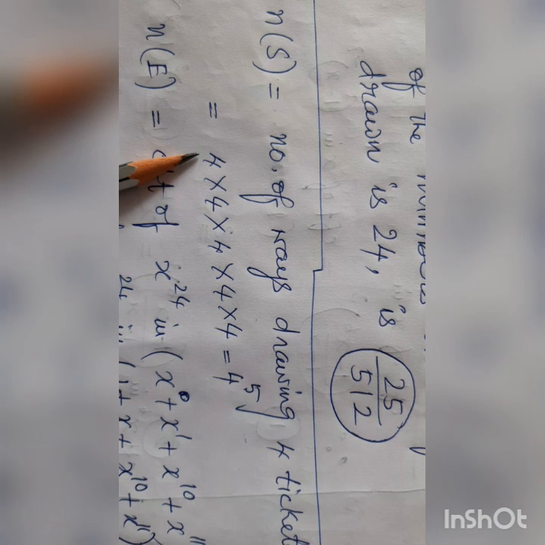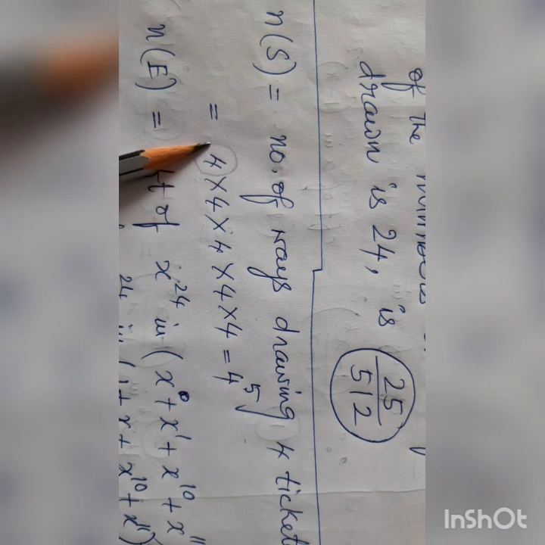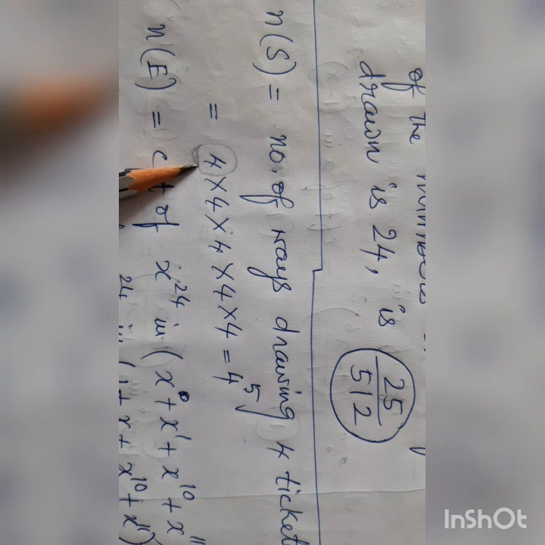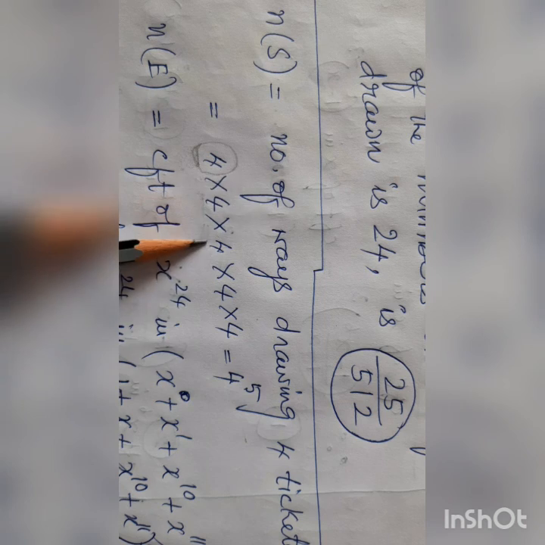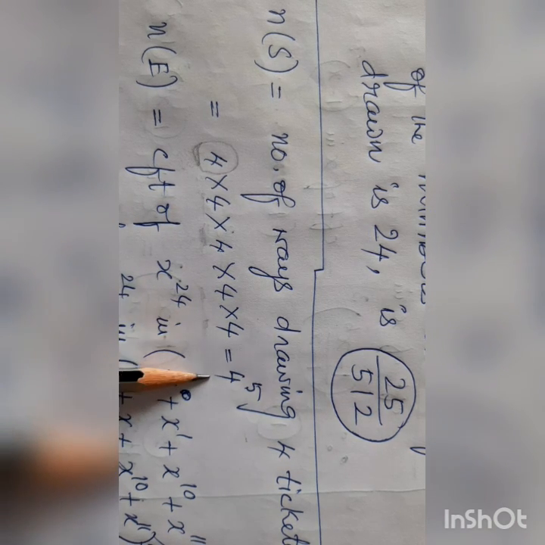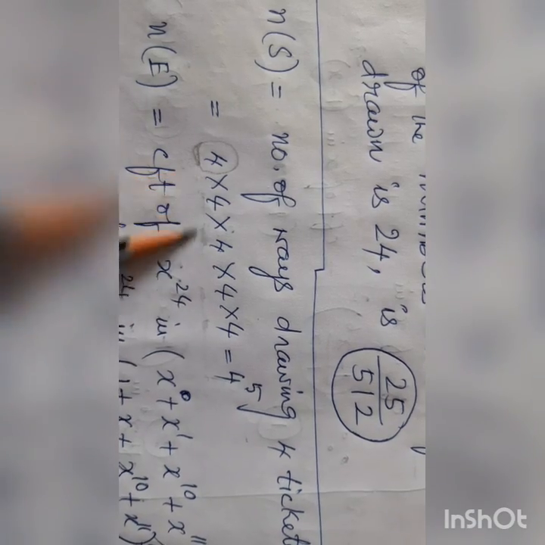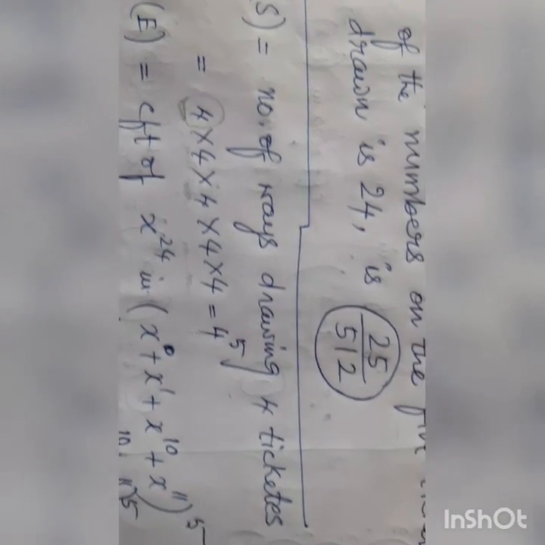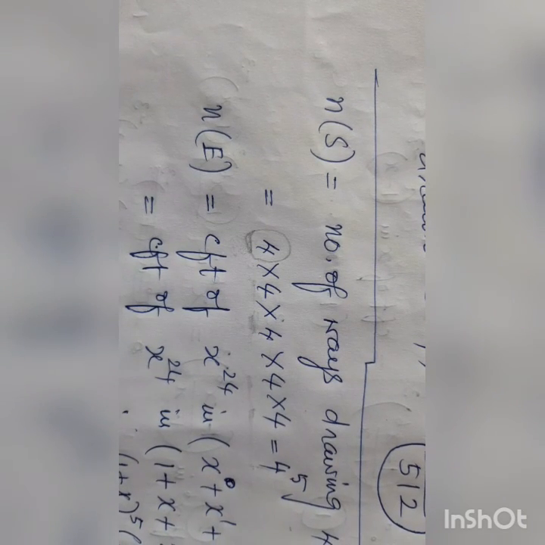This is keeping your hand in the bag 1 time, 4 chances. 5 times, 1, 2, 3, 4, 5 times, 4 power 5. This you have to understand very clearly. Number of ways of drawing 4 tickets, N of S.